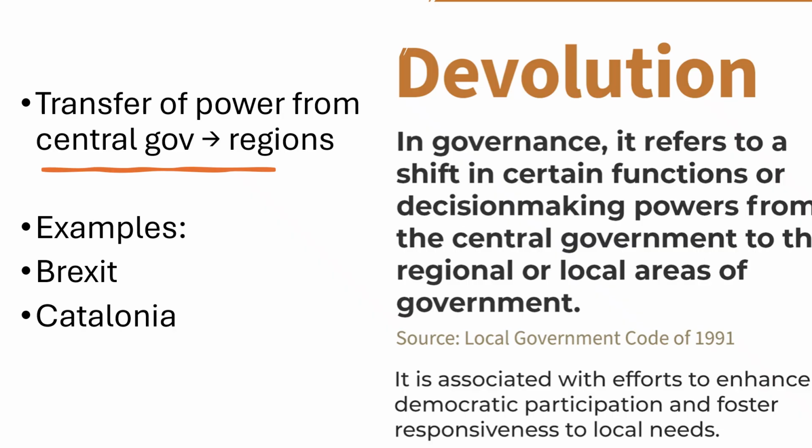The UK wanted to make their own decisions and they didn't want to listen to the EU, so they voted to leave. And Catalonia in Spain would very much like to become their own country. They would like all the powers devolved down to them so they can make their own decisions about what to do with their resources and not be a part of Spain.